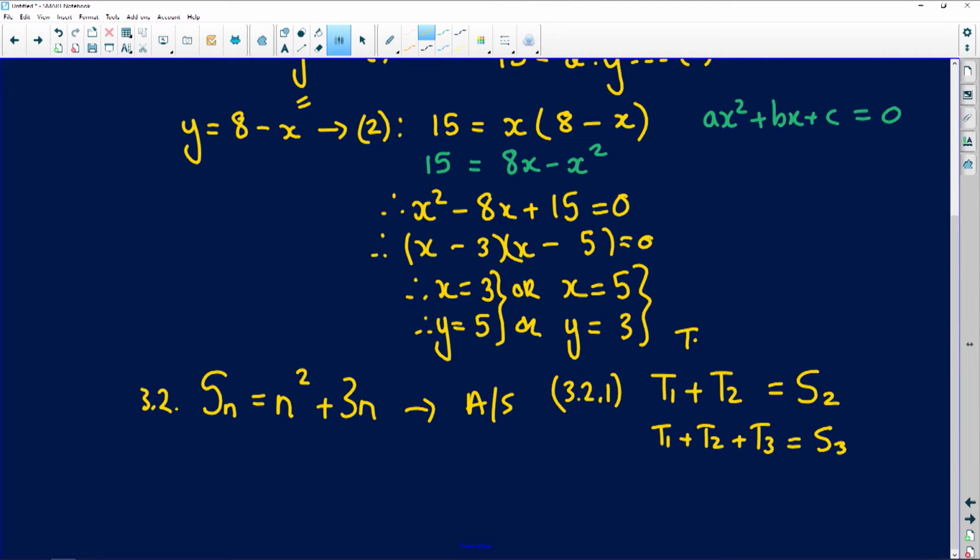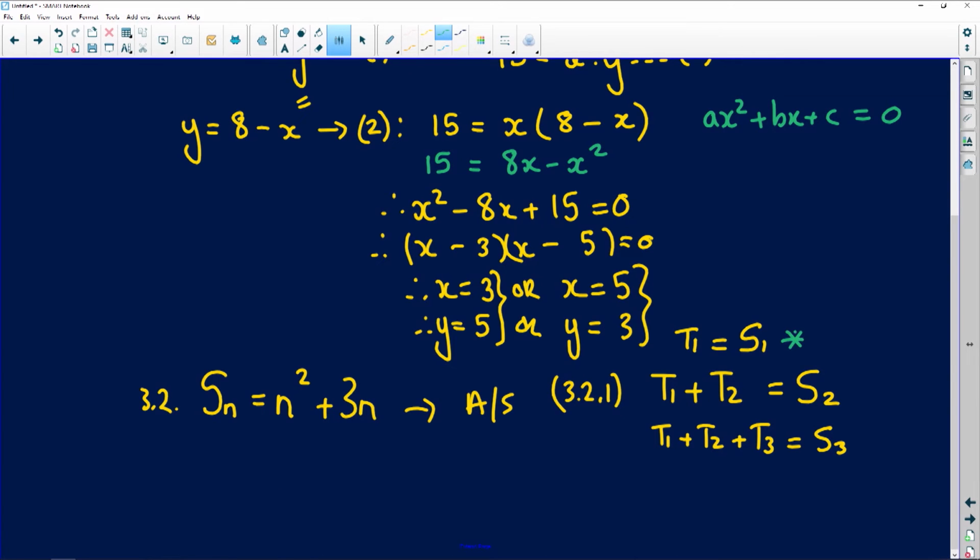So let's reverse 1 back from here. What is term 1? Well, if T1 plus T2 is S2, and T1 plus T2 plus T3 is S3, then certainly T1 is S1. The term is standing by itself. Okay, the first term. You didn't add anything to it.